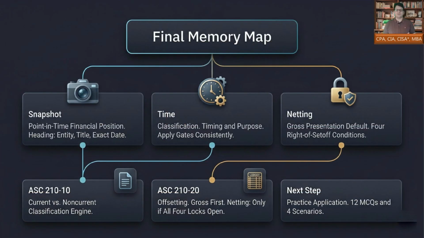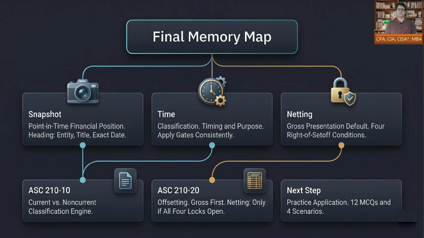Let us close the complete explanation with our memory map. Snapshot, time, netting. Snapshot means the balance sheet captures financial position at one date. Time means assets and liabilities must be classified as current or non-current based on timing, purpose, restrictions, and expected settlement.